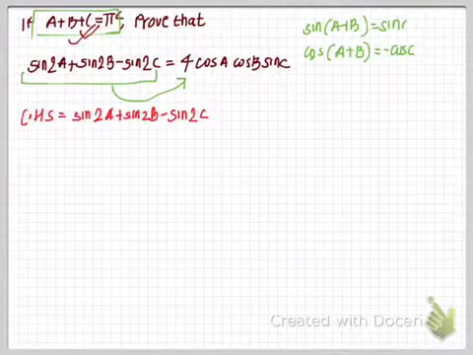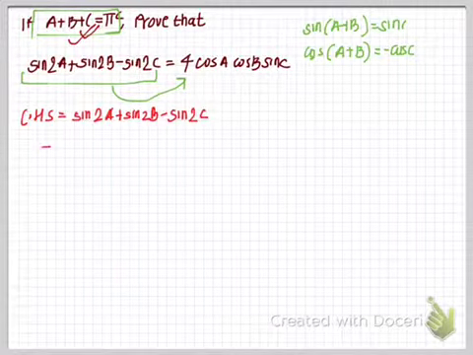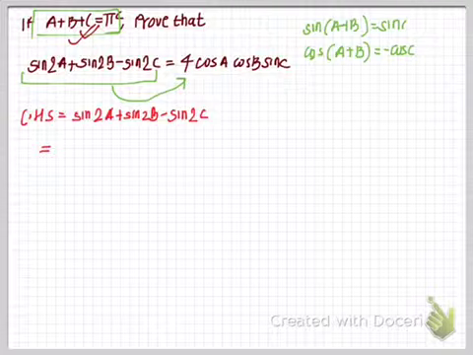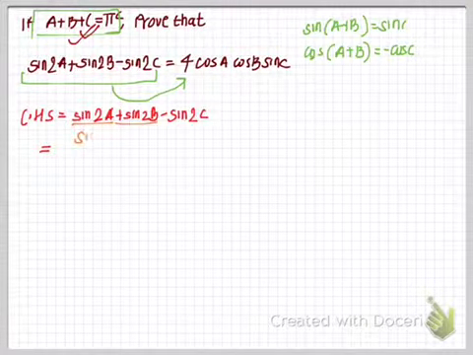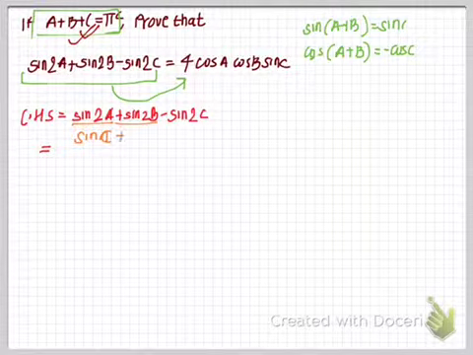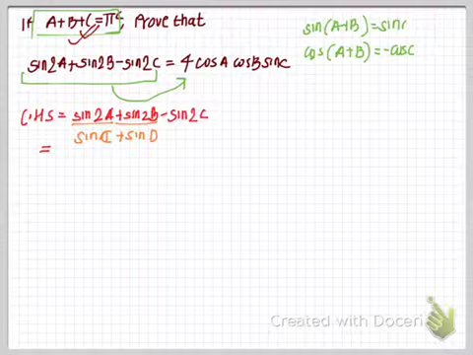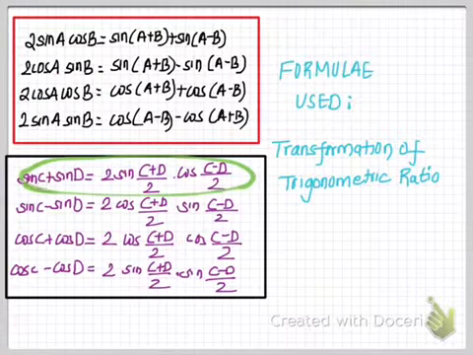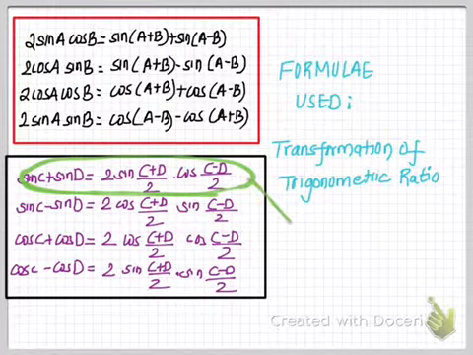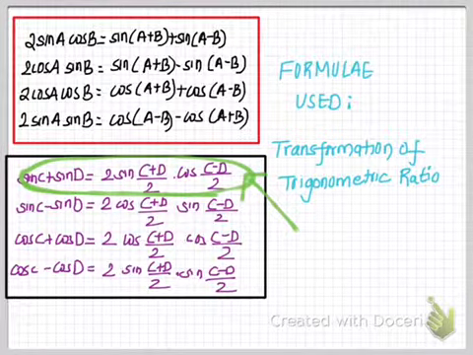So here is our left hand side of the equation, which is sine 2A plus sine 2B minus sine 2C. So I'm going to apply the formula here for sine C plus sine D. Let us assume that it is in the form sine C plus sine D. Actually it is. The formula for sine C plus sine D is 2 sine ((C plus D) by 2) dot cos ((C minus D) by 2).